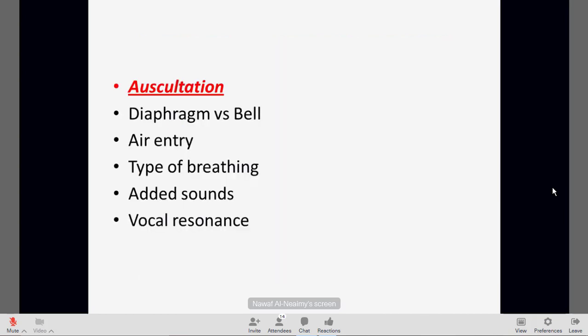Yes, the last step is for the auscultation of the chest. In fact, in auscultation, you will confirm some of your findings in the previous steps.